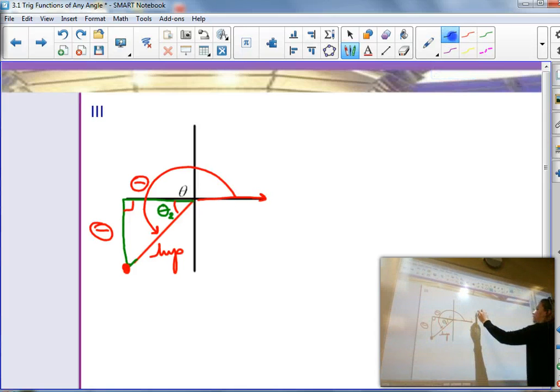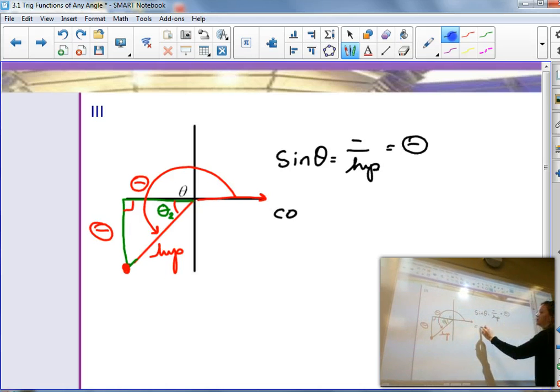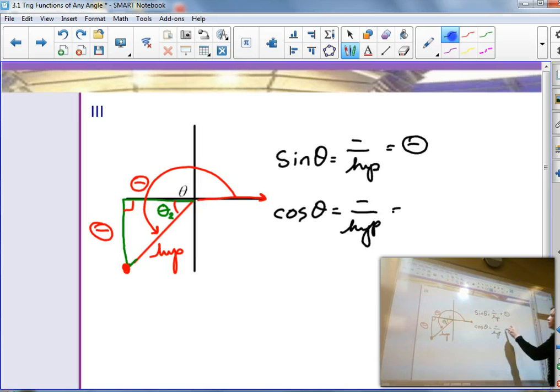So we could say that the sine of theta is going to be negative over the hypotenuse, which is negative. The cosine of theta is negative over the hypotenuse, so the cosine is negative. What about the tangent? Negative.